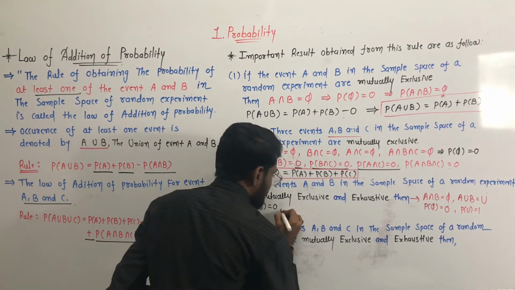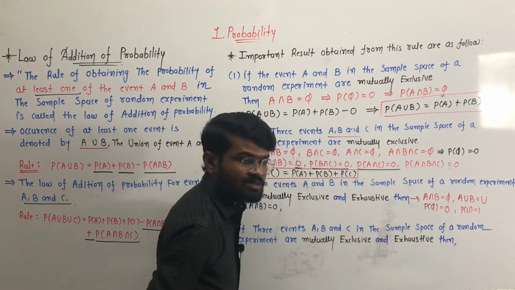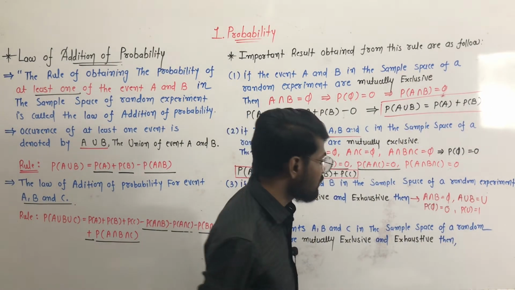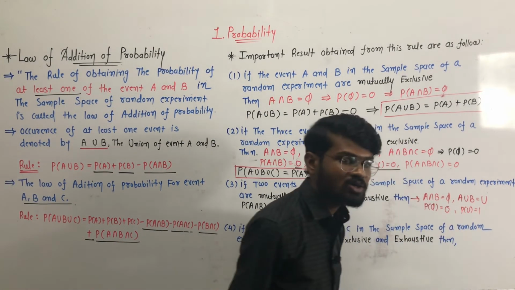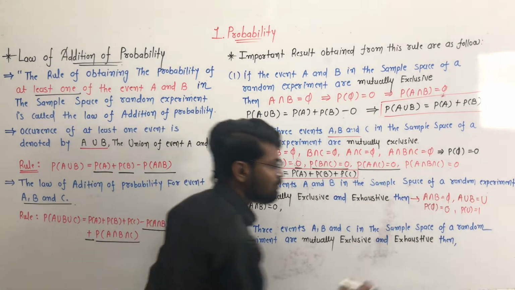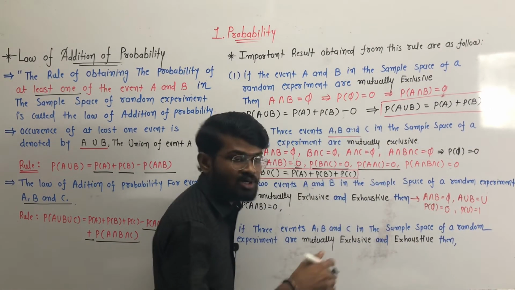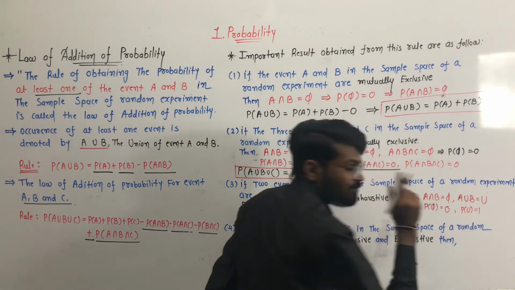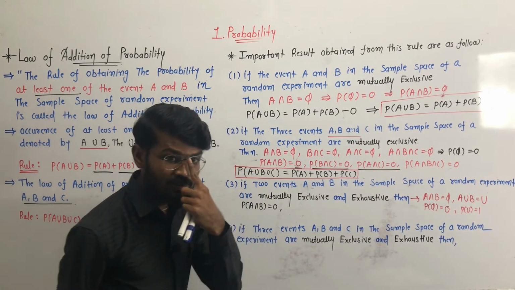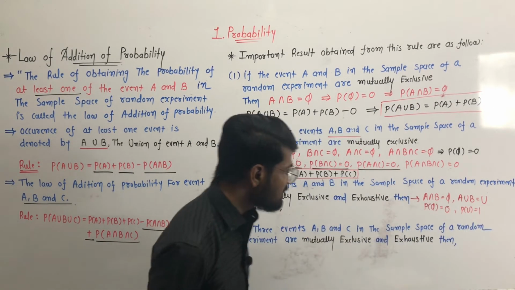And the probability of the sample space is equal to 1, and the sample space is equal to the union of events A and B. So we can write that the probability of the union of events A and B is equal to 1.